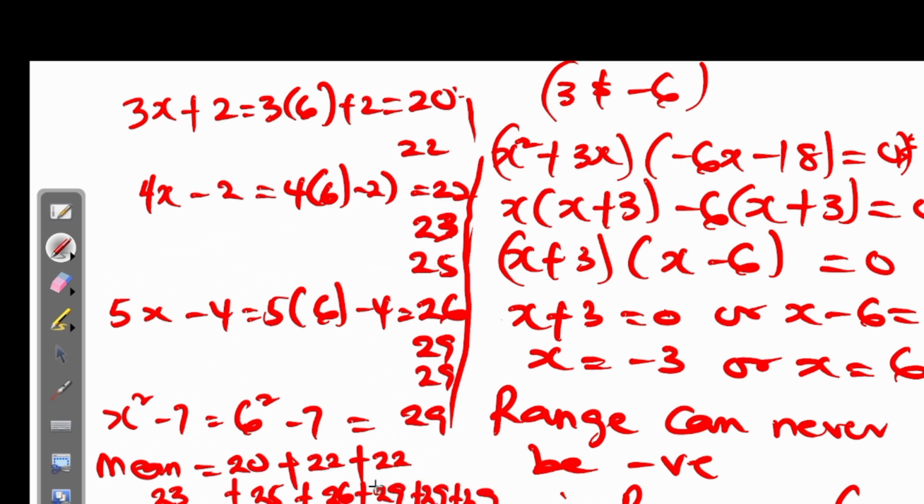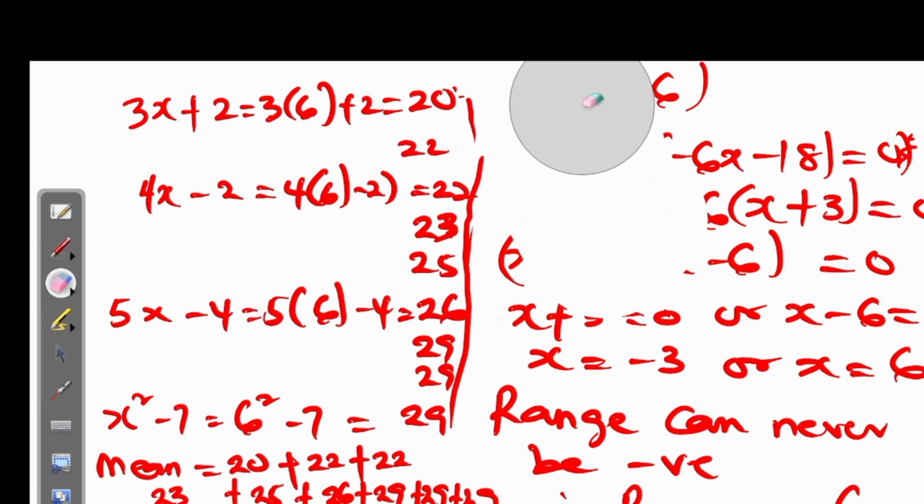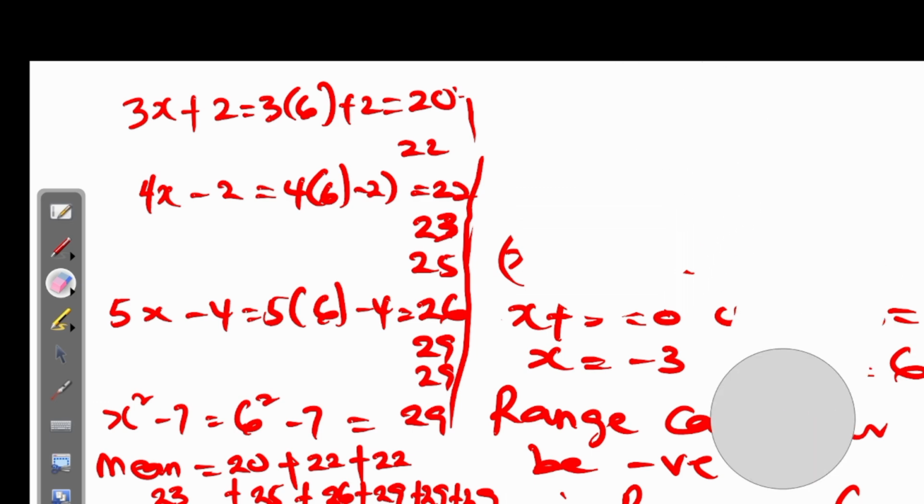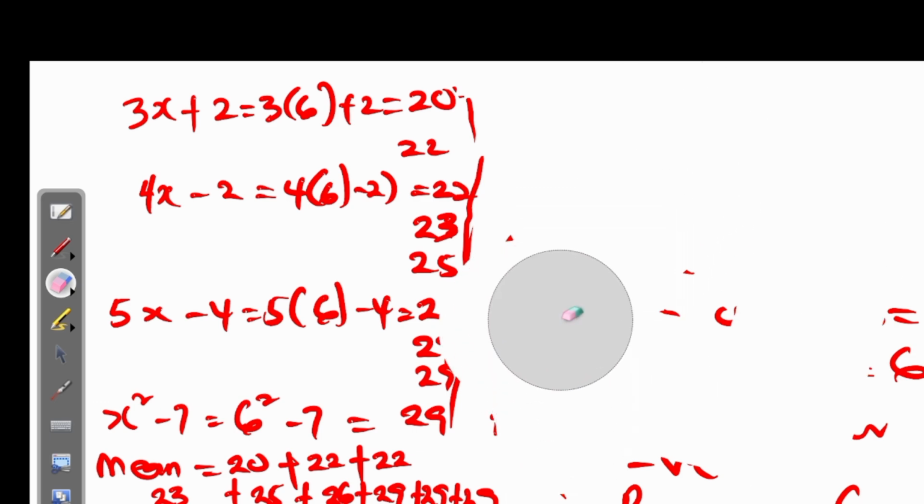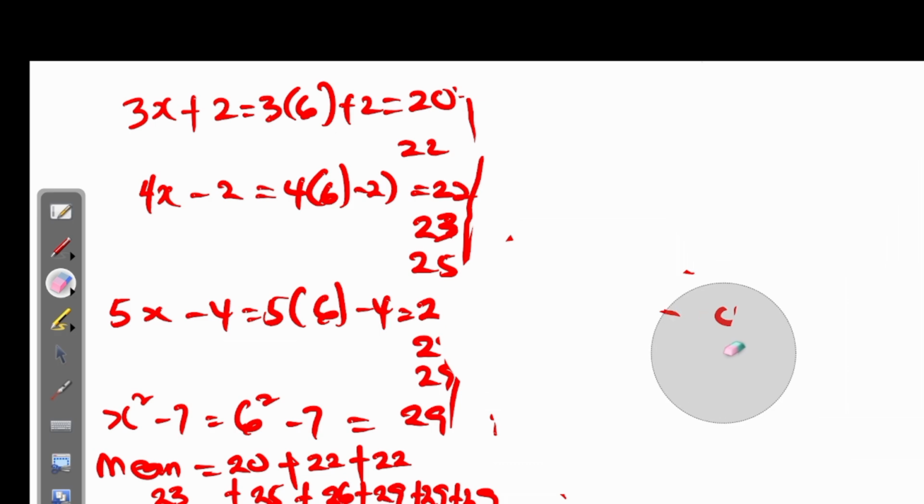Everything over 9. Remember, mean is summation of scores over number of scores.